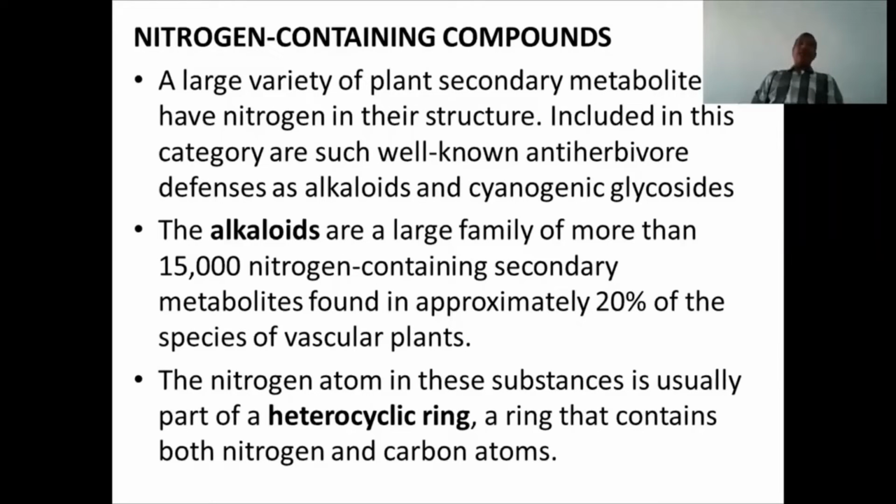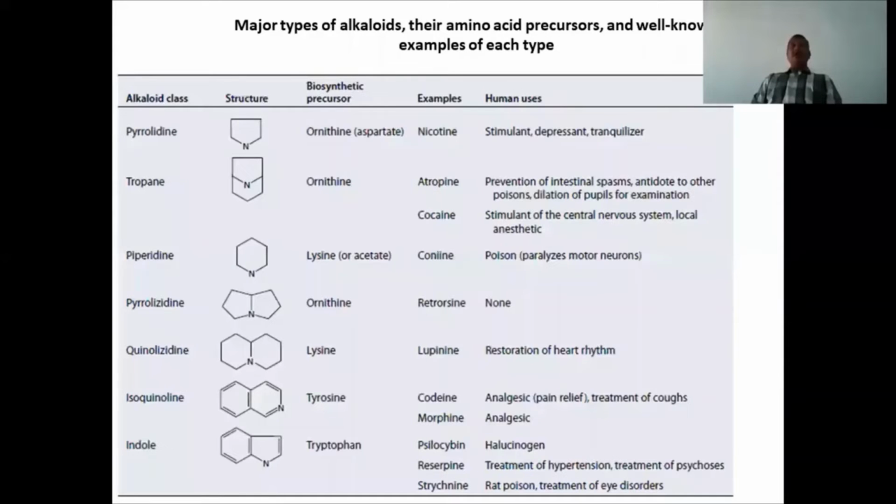So these are some of the major alkaloids which I am sharing with you: pyrrolidine, tropane, piperidine, pyrrolizidine, quinolizidine, isoquinoline, indole. These are the major groups of 7 different alkaloids, and their examples are given.